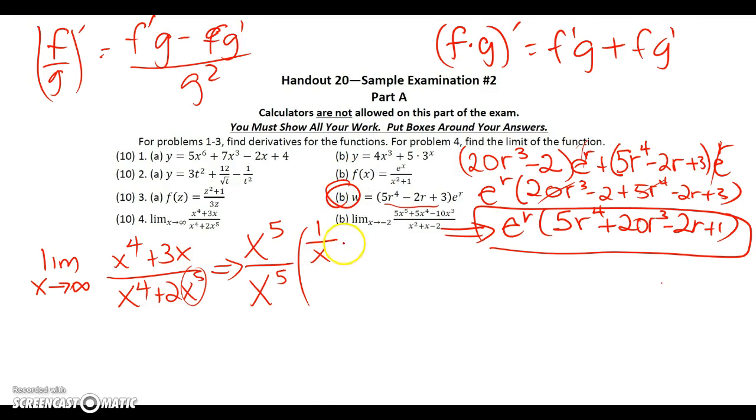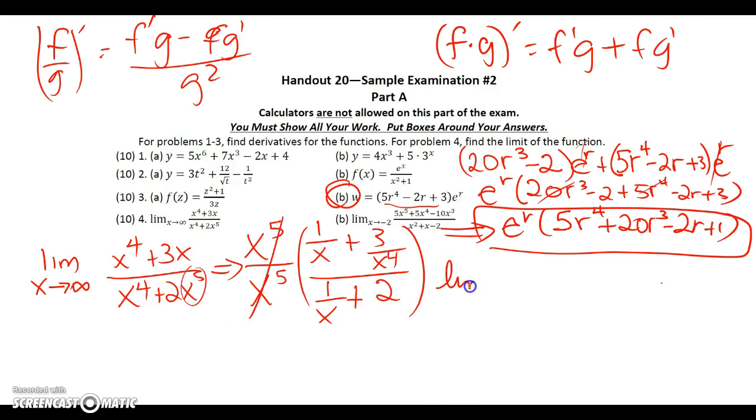And then if I pull it out of here, I have plus 3 over, make sure I'm doing this right, 3 over x to the 4th, all over, pull out an x to the 5th, so that's 1 over x plus 2. See, those cancel.